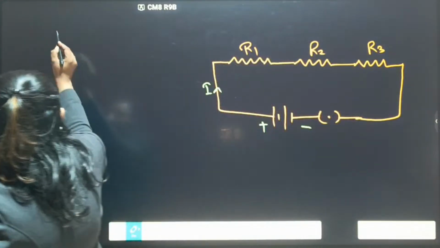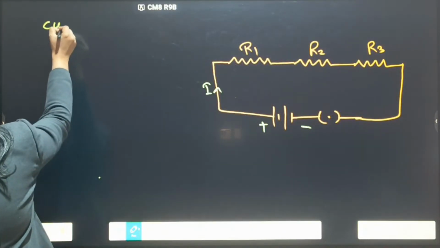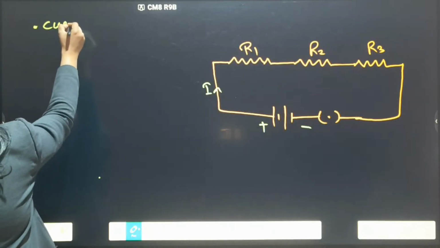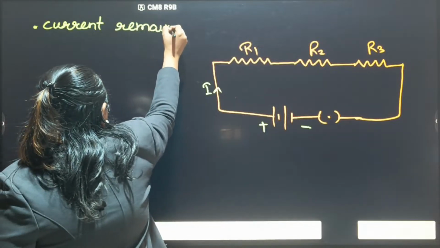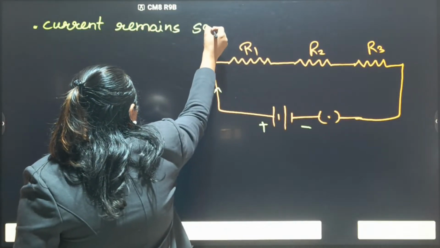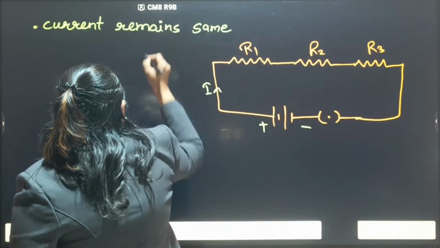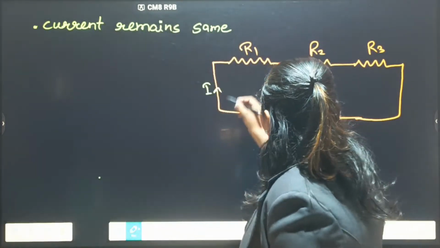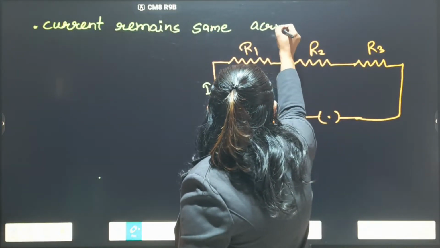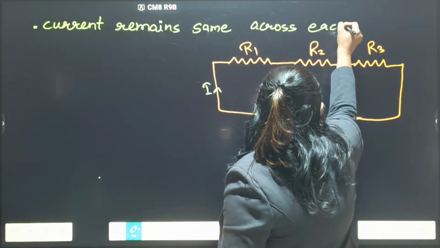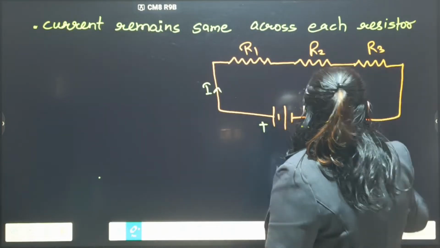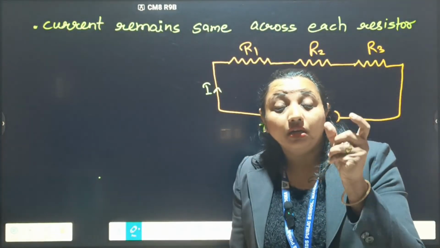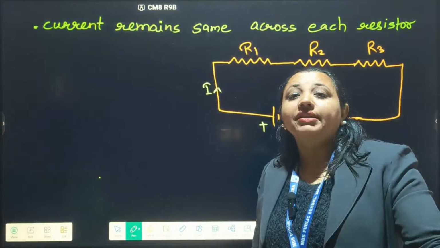So in series combination, what is the most important thing to remember? Current remains same, right? Current remains same across each resistor or resistance. Resistors are the electrical components which offer resistance.